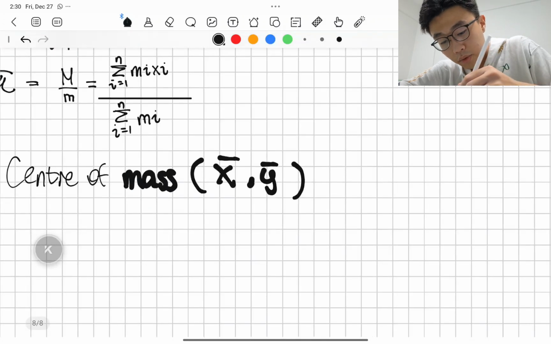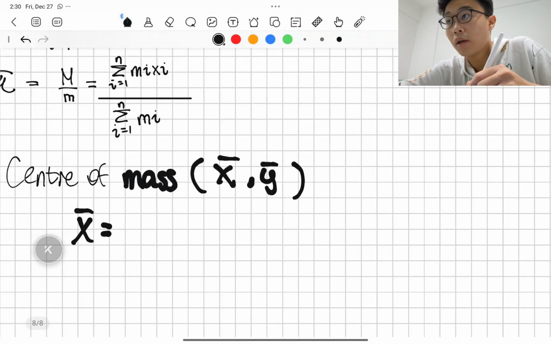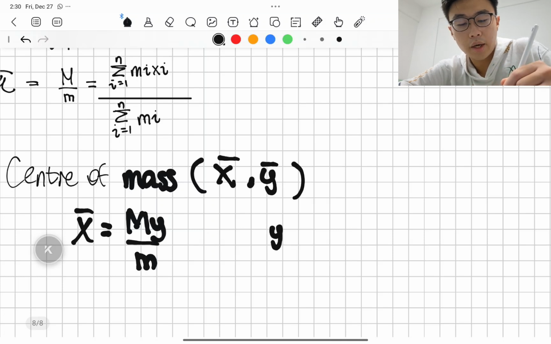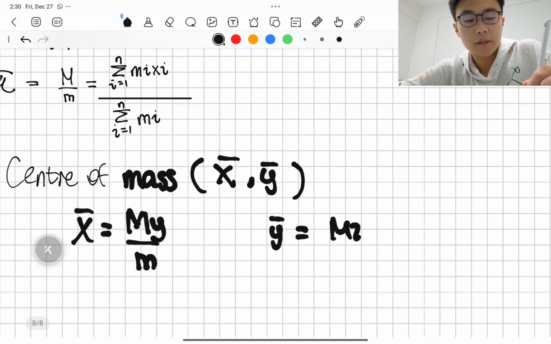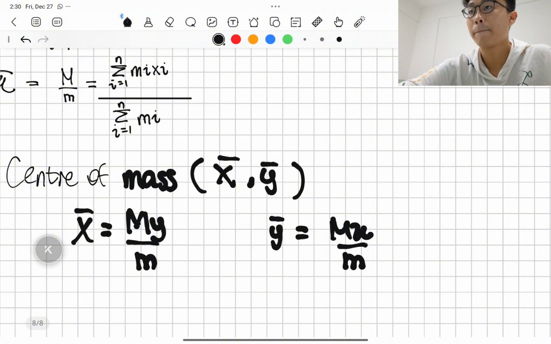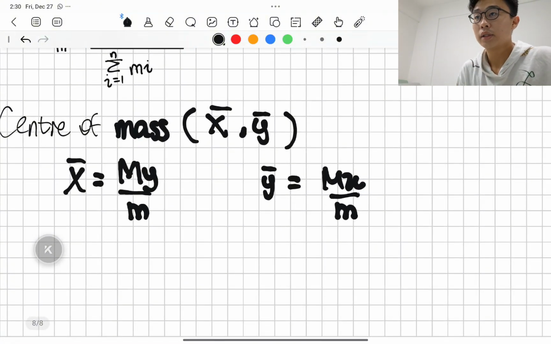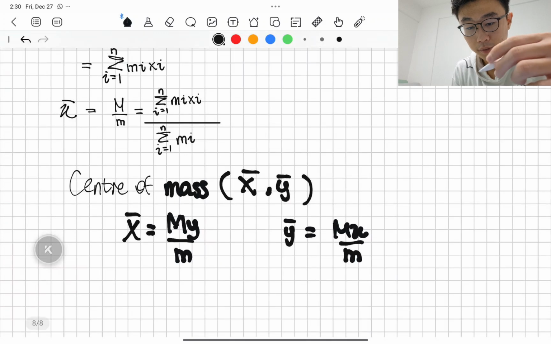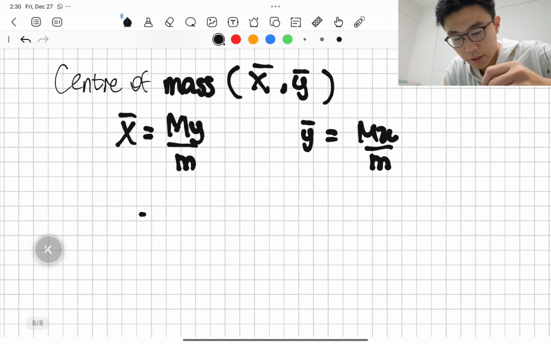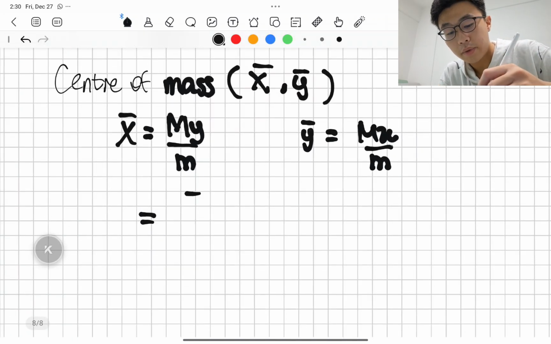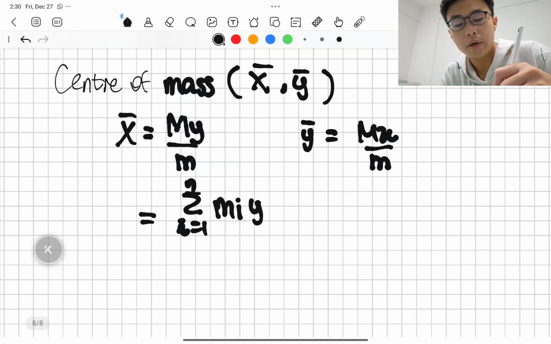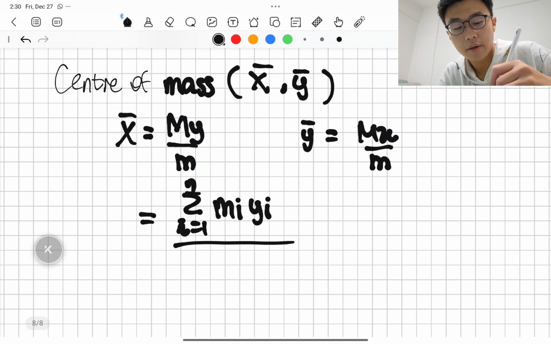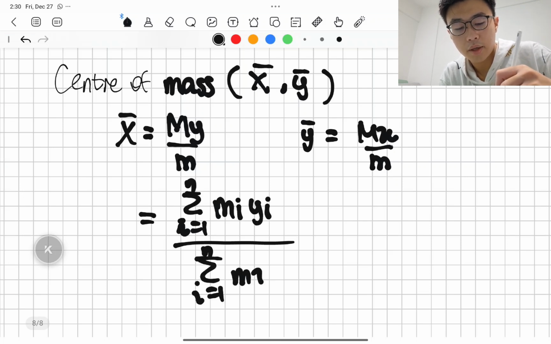For the x we will use My over M, and for the y it will be Mx over M. So it's the sum from i equals 1 to n of mi yi over the sum of mi.